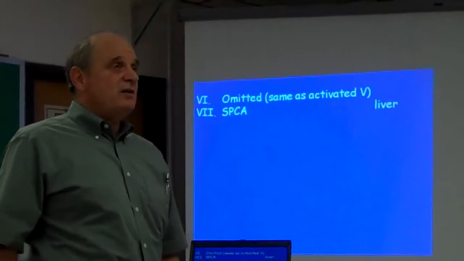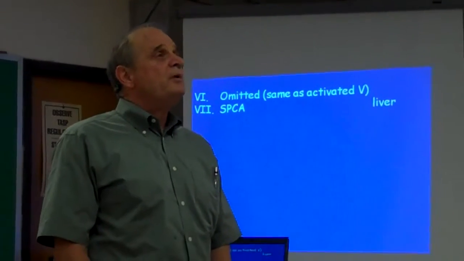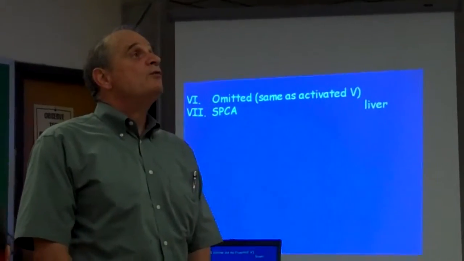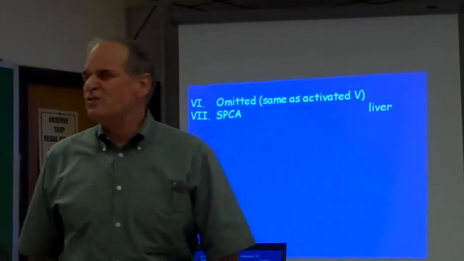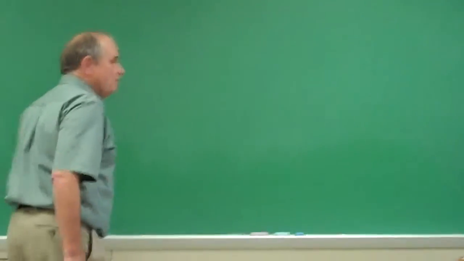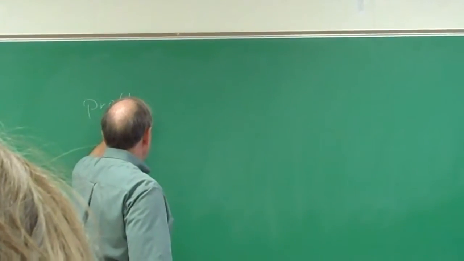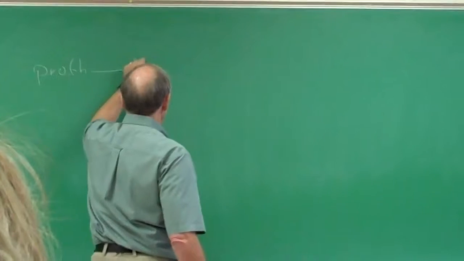Now, number 7 is serum prothrombin conversion accelerator. What does that translate into? Before blood will clot, prothrombin has to be converted to thrombin.